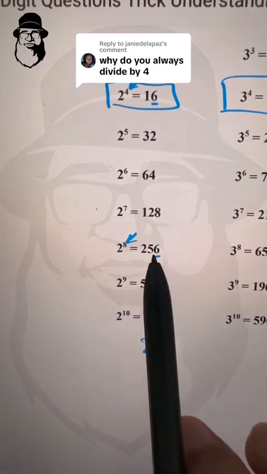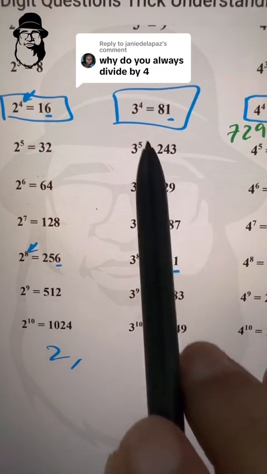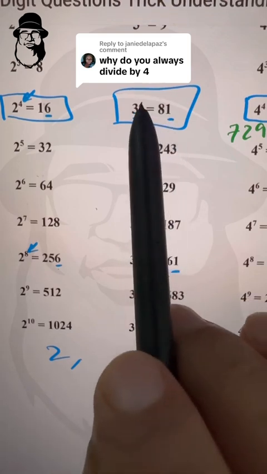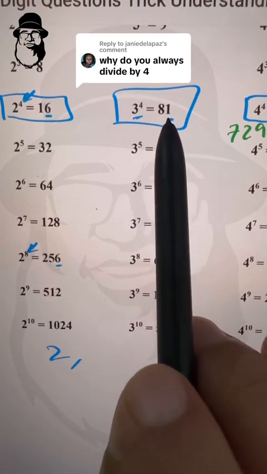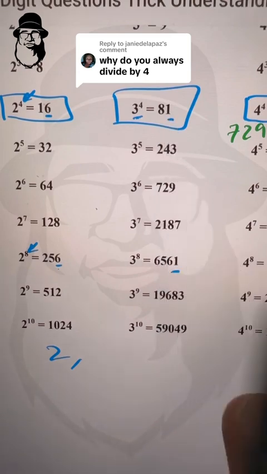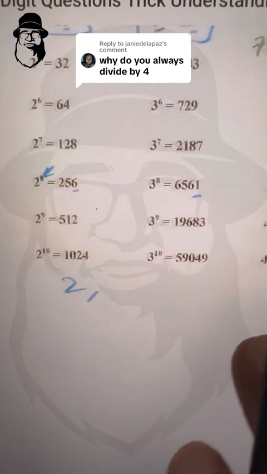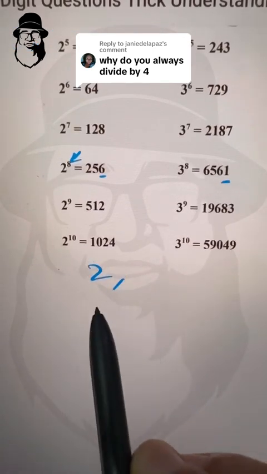Always it's like that. Then it's 3, right? The units digit of the number is 3 and the power is divisible by 4. The units digit of the answer will end in 1 here also. And here you can see it's also ending in 1. So let's write 3 in the next group.